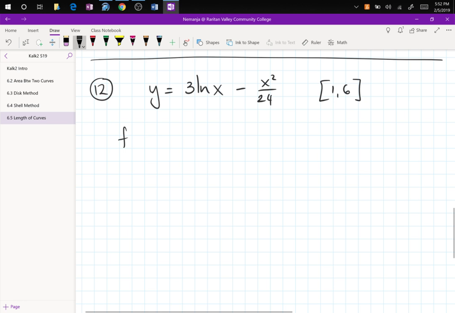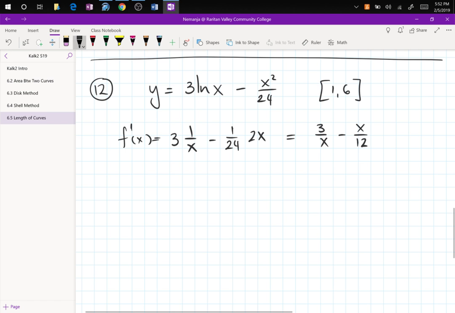So we start with f prime of x is equal to 3 times 1 over x. The derivative of ln x is 1 over x. Minus the constant 1 over 24, copy that, and the derivative of x squared is 2x. So now to clean this up, we have 3 over x minus x over 12.